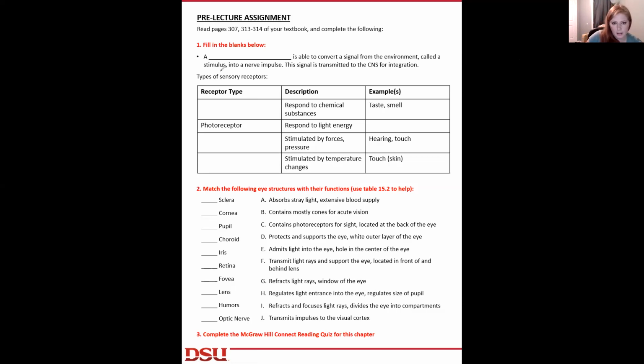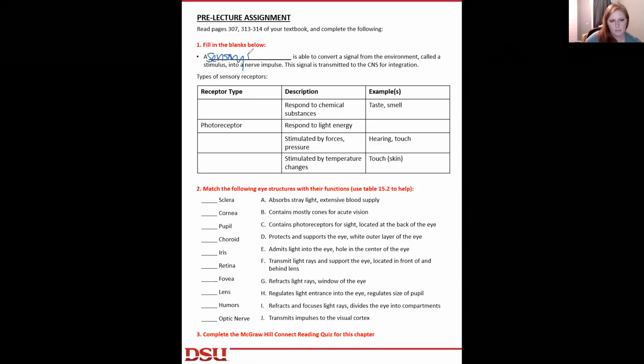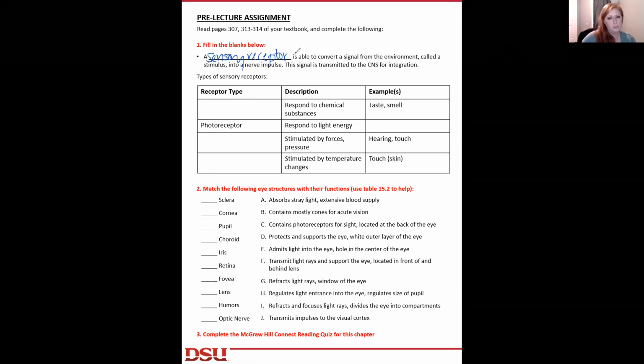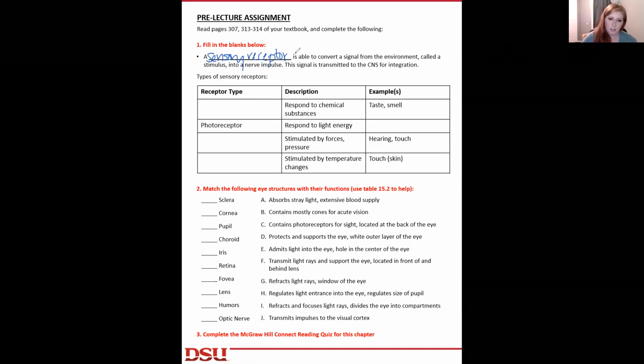This one is a sensory receptor. A sensory receptor is able to convert a signal from the environment, which is called the stimulus, into a nerve impulse. And then that signal is transmitted to the central nervous system so that it can be dealt with.